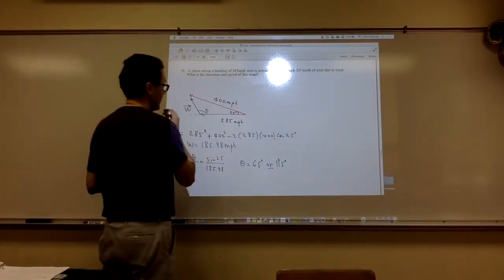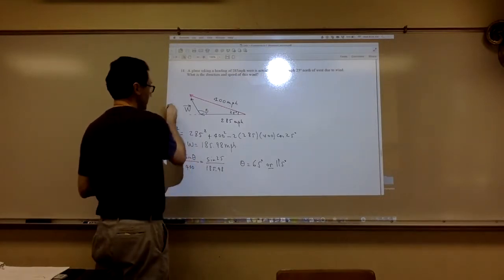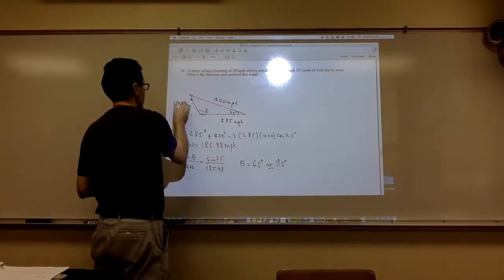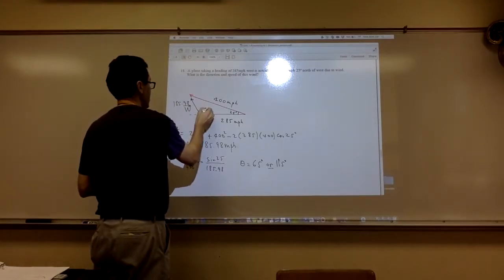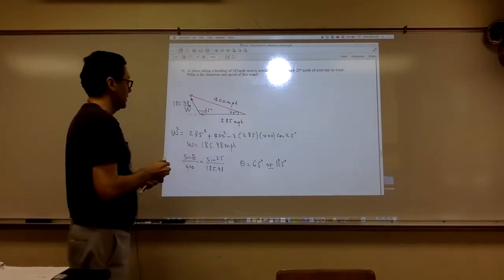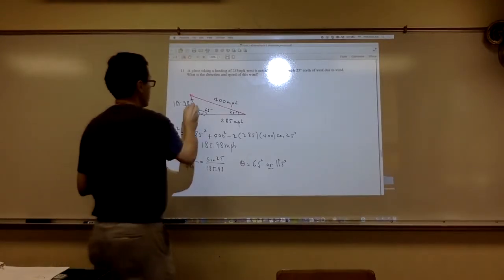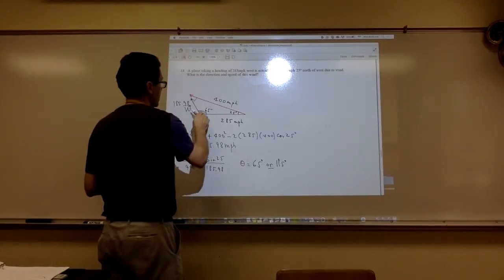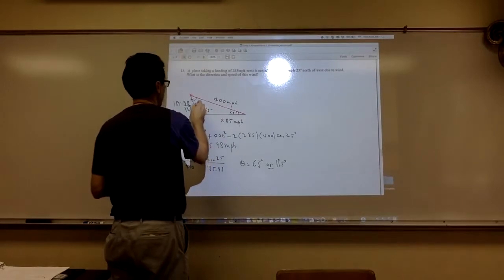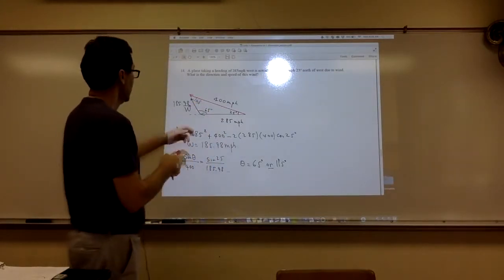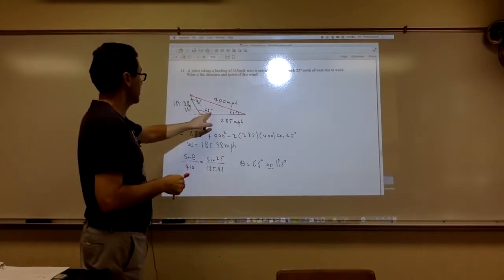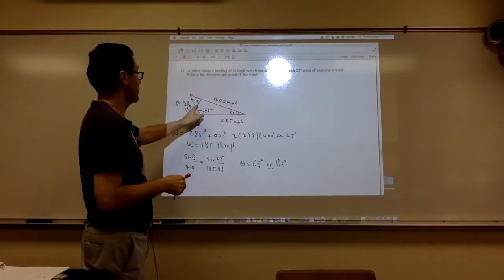I don't think the 65 makes sense because, let me just record this. This is 185.98. So if I put a 65 here, and this angle here would be, what is that? 90. Now it looks like I have 400 across from 65 and 285 across from 90.